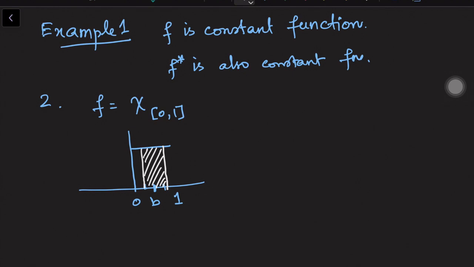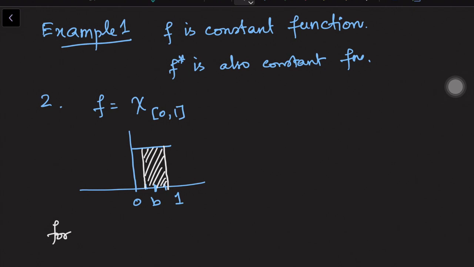Hence the inner expression is going to be 1 as long as b minus t and b plus t fall into this interval, and if it goes out, it's going to be a smaller number. So for b between 0 and 1, f star of b is going to be 1.